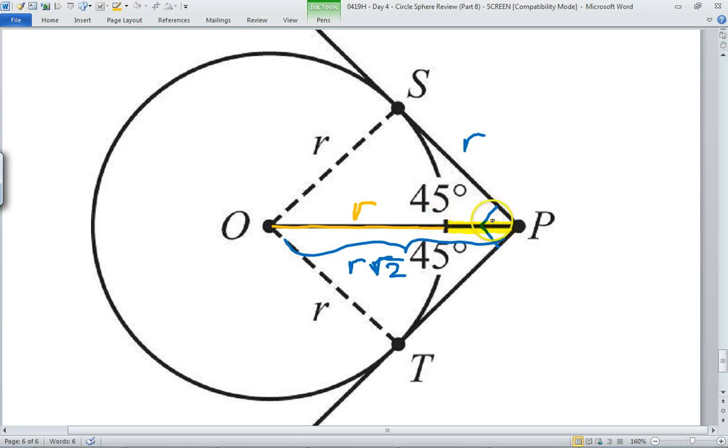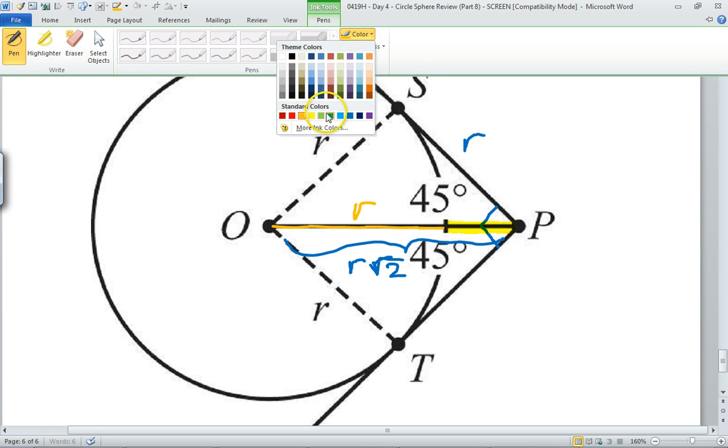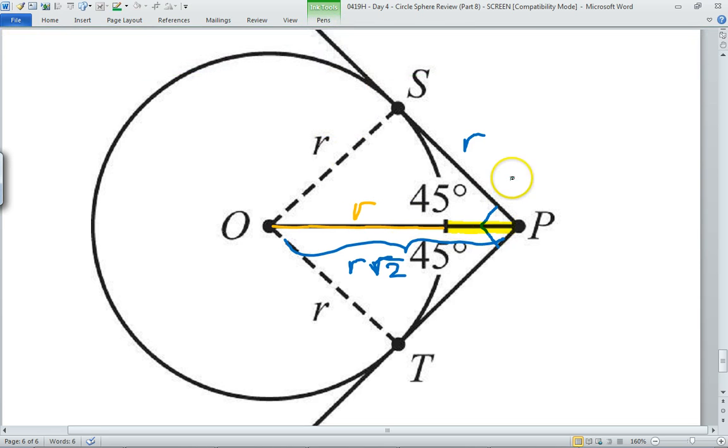So here again, if I want this little part that's on the outside, what operation am I going to have to do? Yeah, if the whole thing is r radical 2, and the first part is r, I should subtract, and that will give me the leftover part.